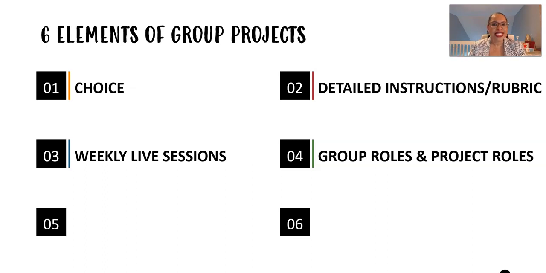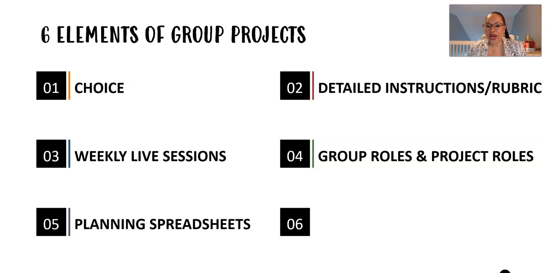That takes nothing from the fact that you serve as the vice president, but you also are a leader in the outreach committee of that particular group. It's the same thing with your group projects. Your students are going to have group roles that help them function well and hold people accountable, but they're also going to have project roles that they have to complete in order to get the project done.